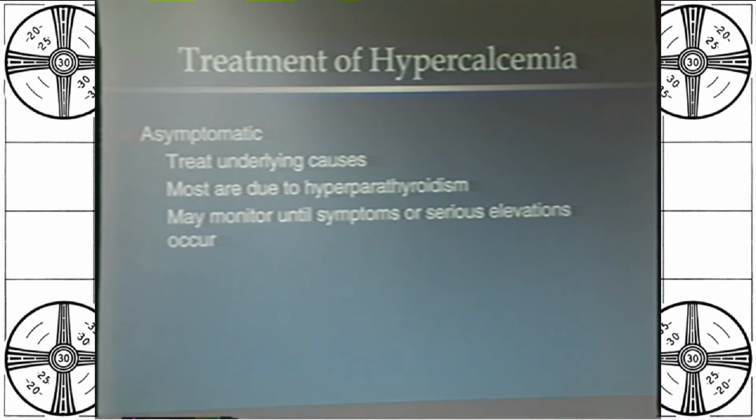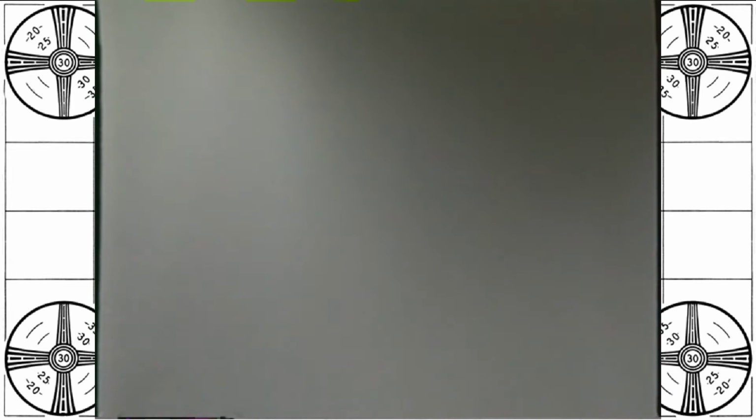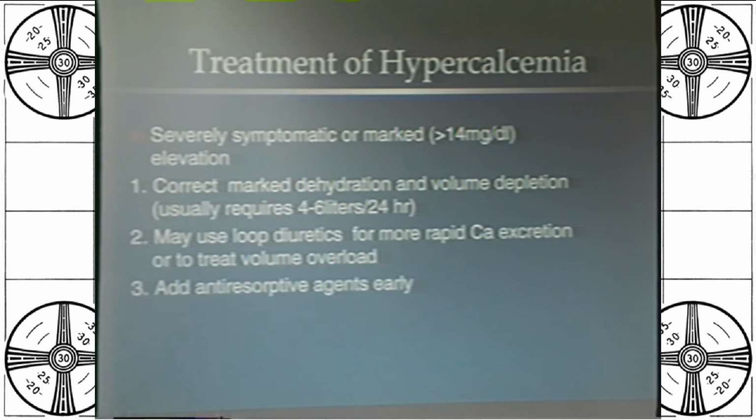If people have no symptoms and the levels are not markedly elevated, it's reasonable to treat underlying causes or remove those. Most are hyperparathyroid, and they may not need treatment at all, depending on the level and whether they're having bone complications or other symptoms. Severely symptomatic patients do need to be treated.